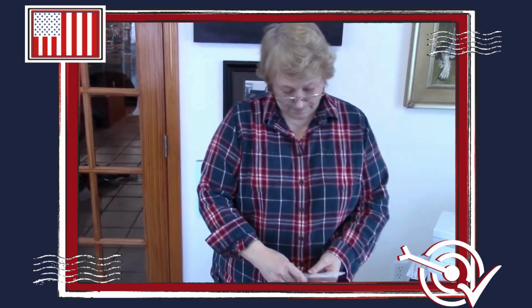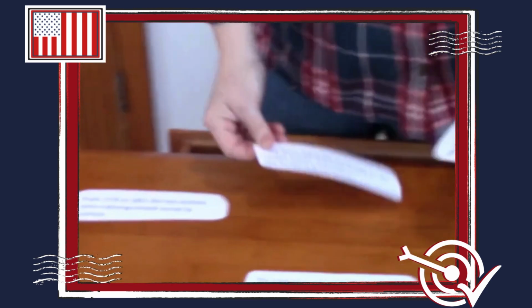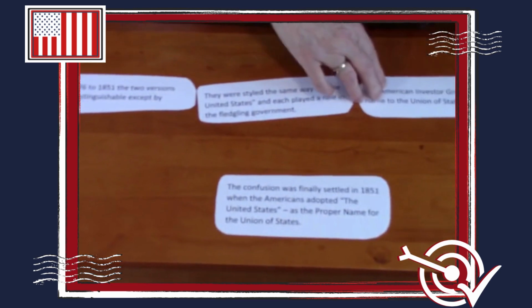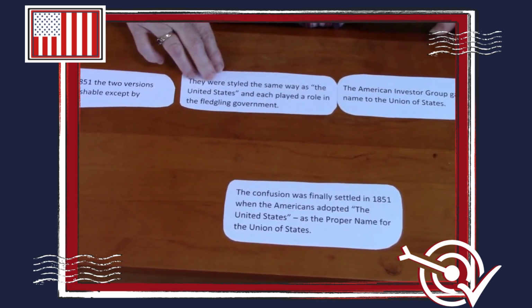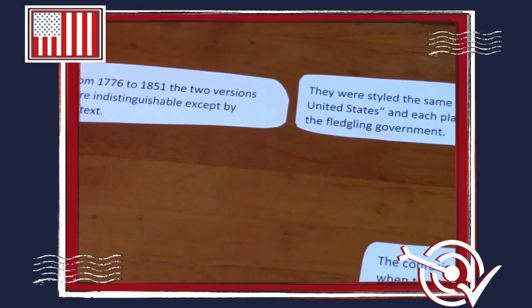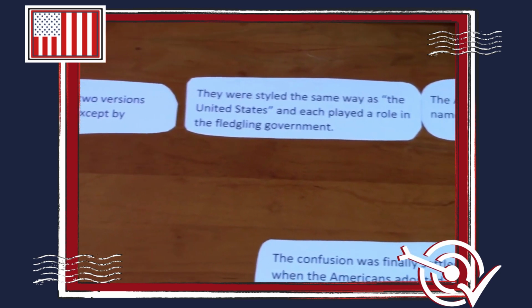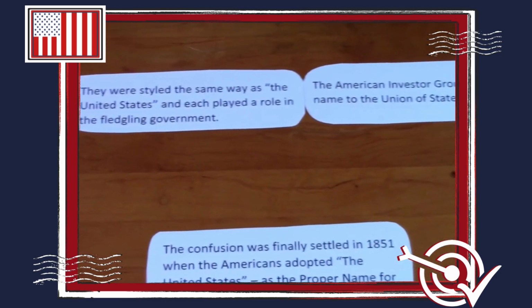All right. So from basically 1776 until 1851, the only way you can tell the difference between these 2 versions of United States is from the context of the literature or reference that you're dealing with.